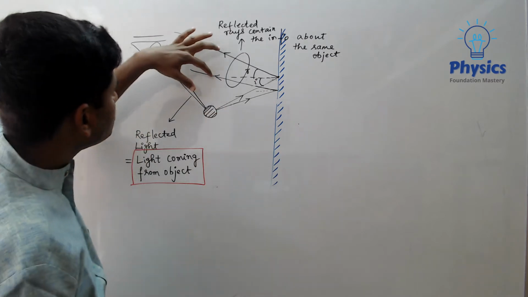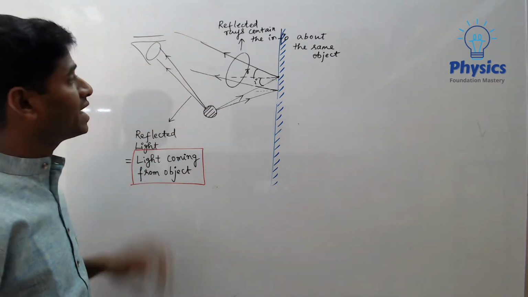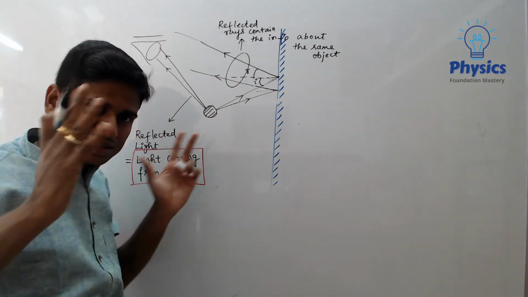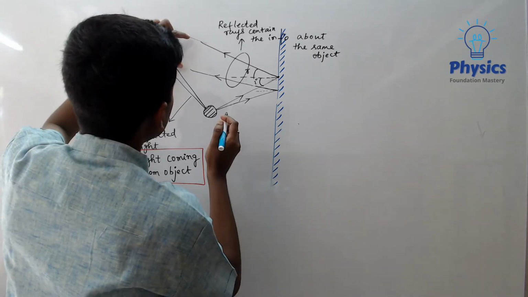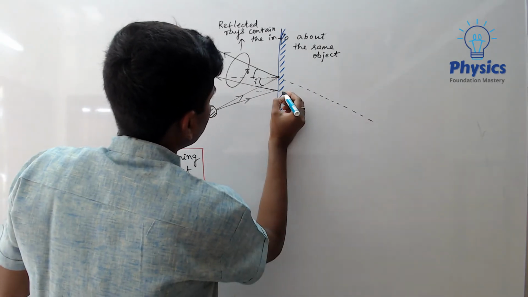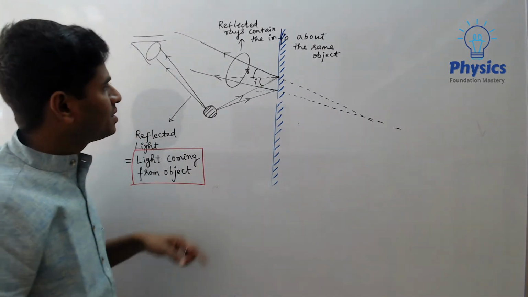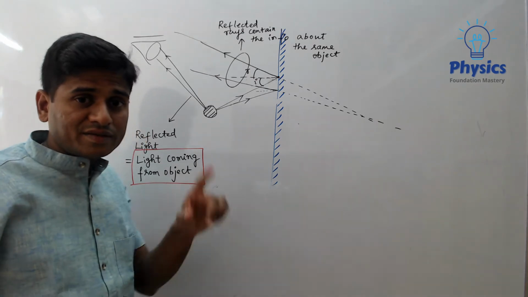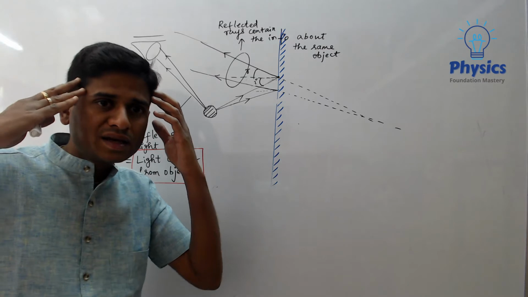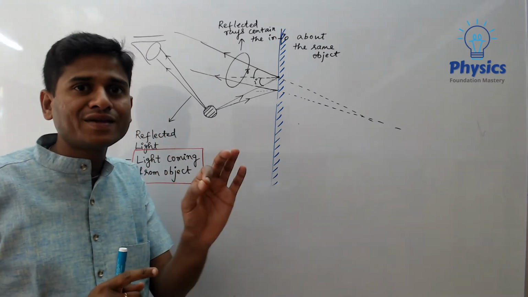That means when these two rays reach my eye, my brain, the entire system, feels that these two rays must be coming from somewhere here. So it basically extrapolates. Because, very important thing, my brain strongly believes that light can only travel in straight lines.